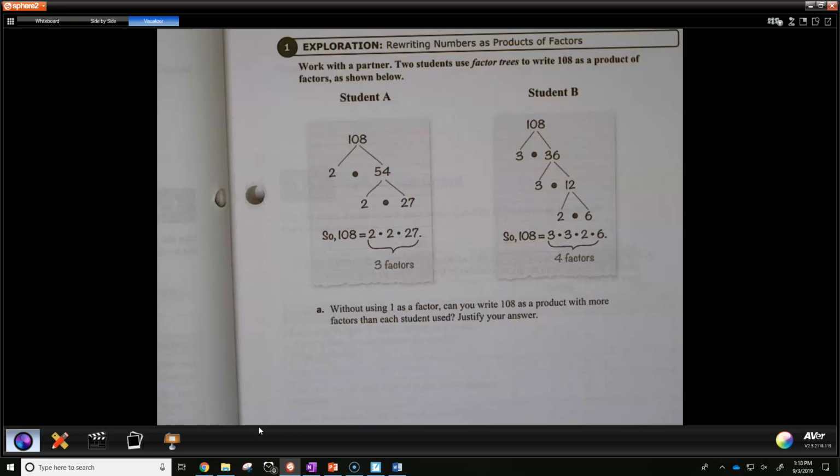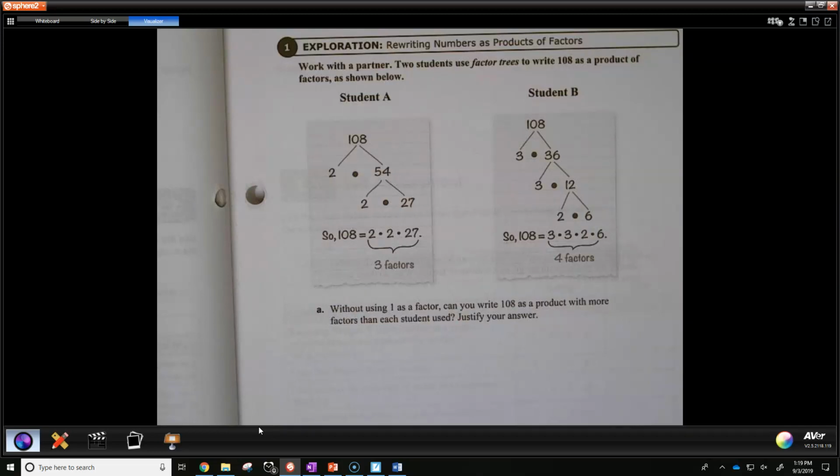Student A, they said 108, they broke it into 2 times 54. What is 2 times 54? Yeah, so they just broke it into, they said instead of saying 108, I'm going to say 2 times 54. It means the same thing. Instead of saying 54, they said 2 times 27.